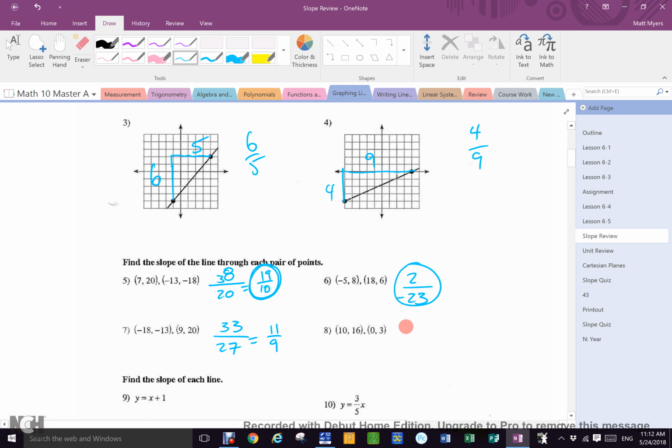No problem. 13 over 10. 20 minus 13 is positive 33. 9 minus 18 is positive 27. At least that's the math I'm doing.